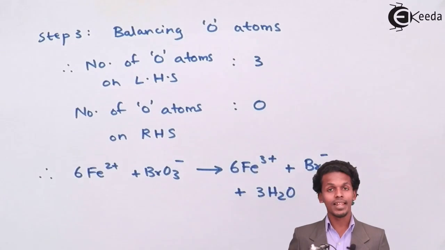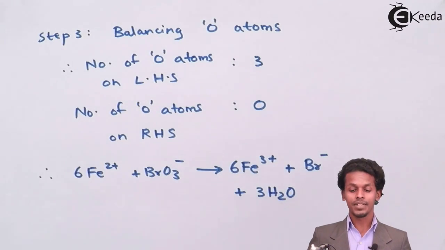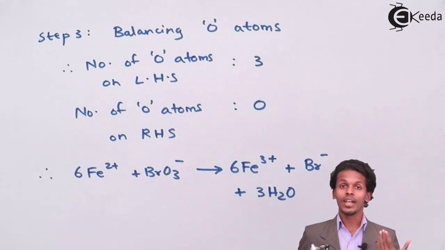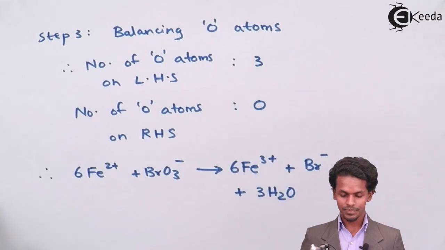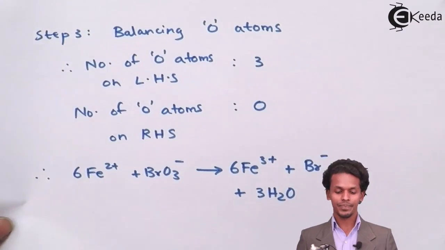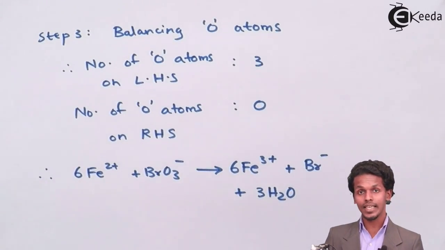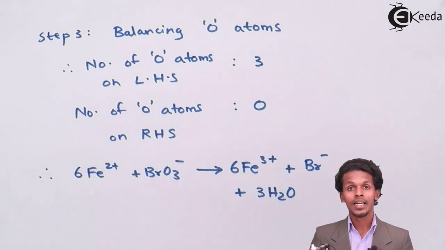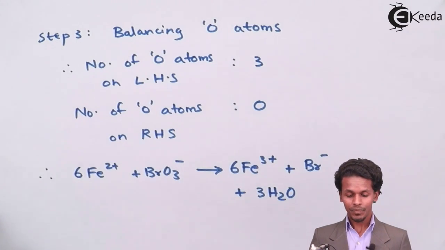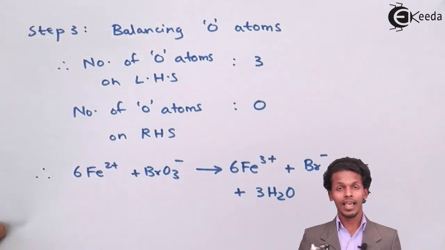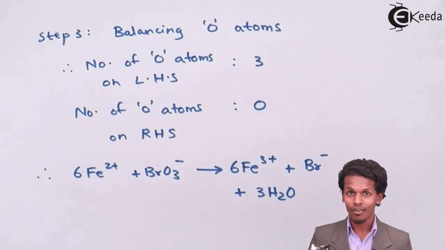So this is how we have balanced the number of oxygen atoms, and now we are going to balance the number of hydrogen atoms. We will consider this as the latest balanced equation and keep it aside, but we should consider this as the final answer till now.